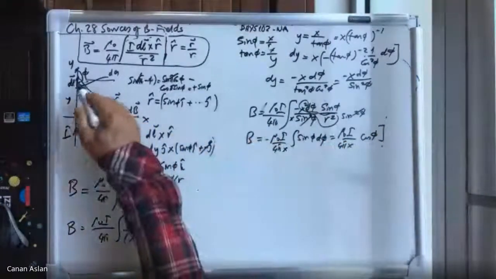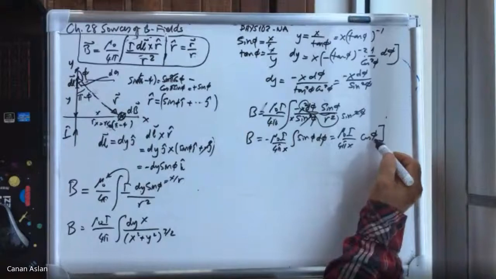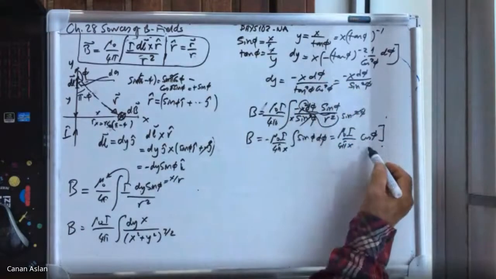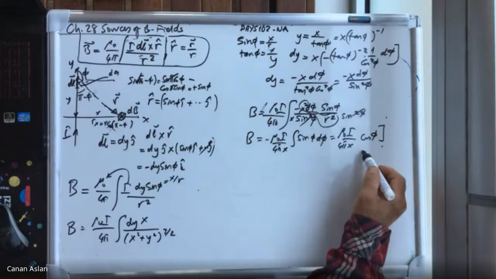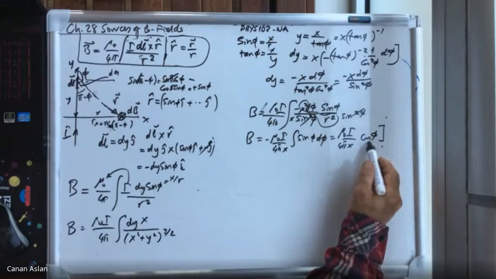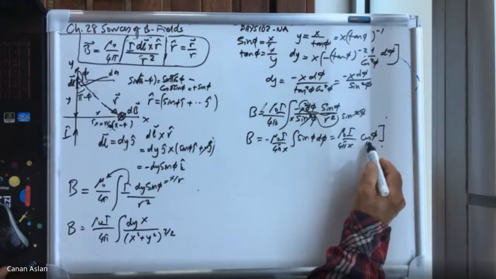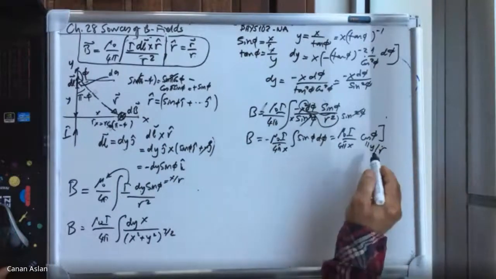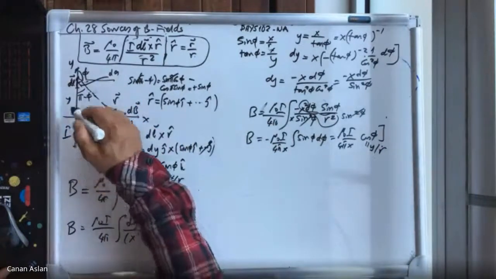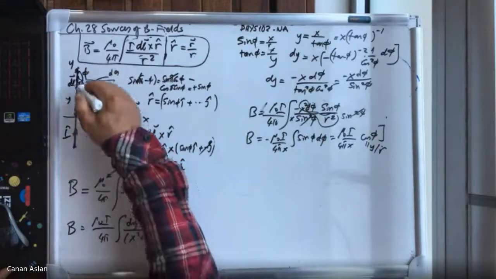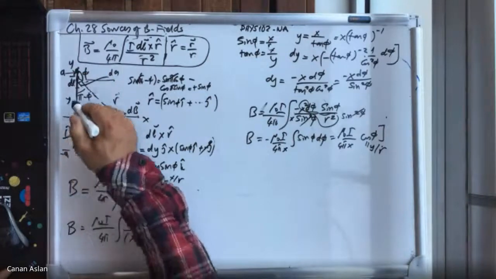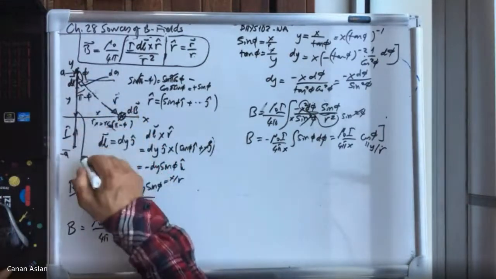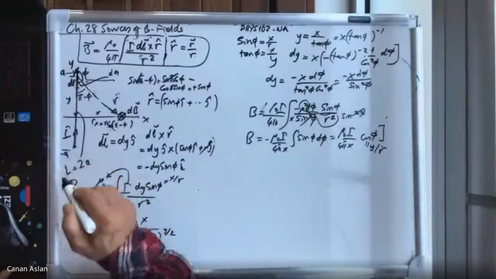But now, instead of finding this limit, we write this cosine phi as just y over r, right? Cosine phi is nothing but y over r. Now, because we know the limits for y, because in the problem it is said that this upper length is a and this is minus a, the total length of the wire is 2a.